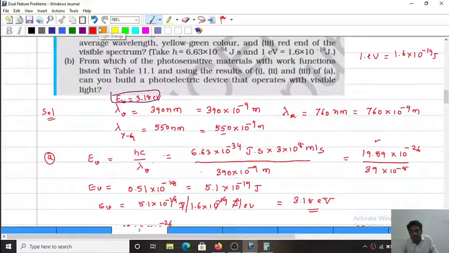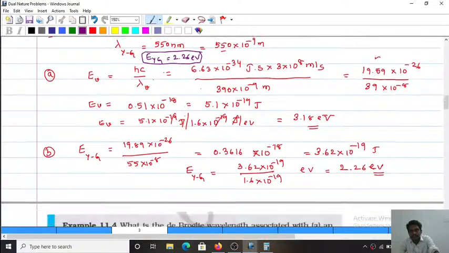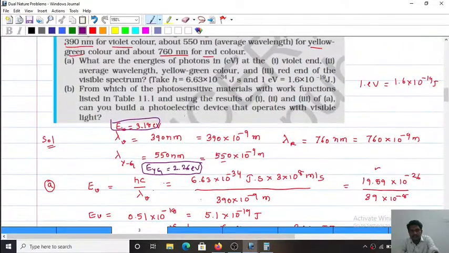We got the energy of yellow green as 2.26 electron volts. Next you will find the energy of the last one.